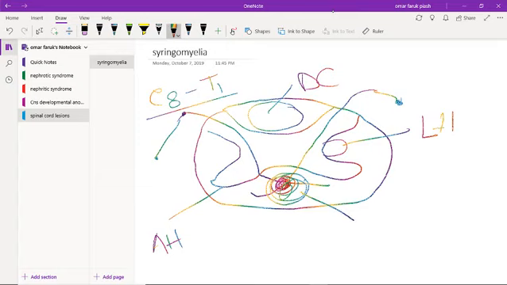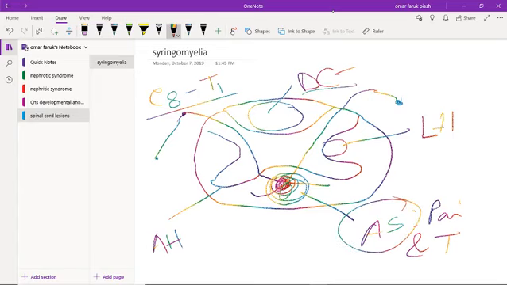We know that the anterior spinothalamic tract carries pain and temperature, and the dorsal column carries fine touch, proprioception, and two-point discrimination. These are the features found in the dorsal column. In the anterior spinothalamic tract, there is pain and temperature.